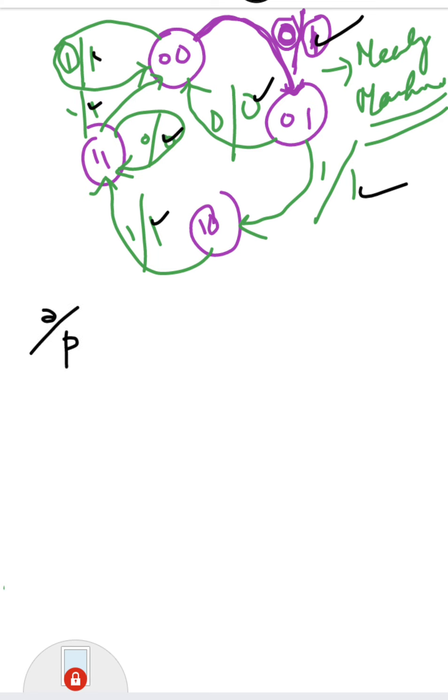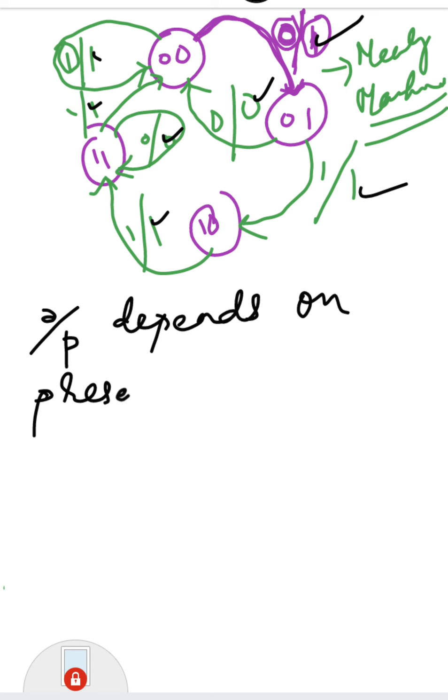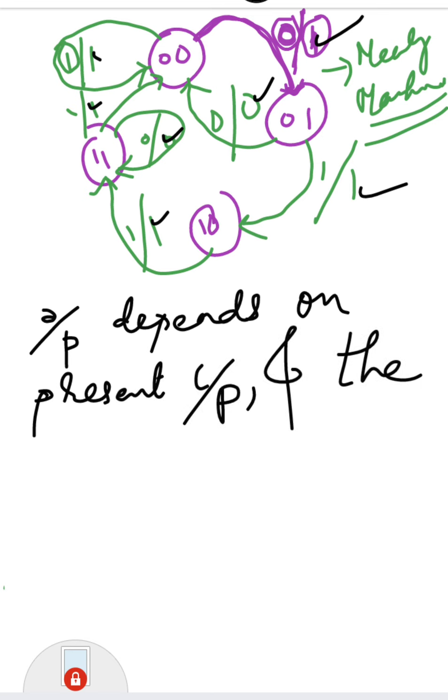So the conclusion of the Mealy machine is output depends on present input and the states also. This is the conclusion.